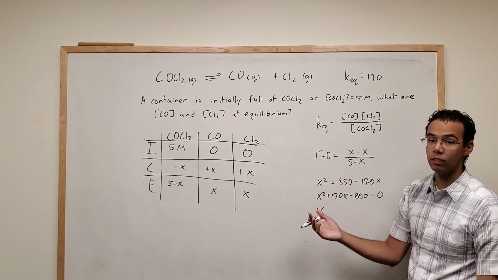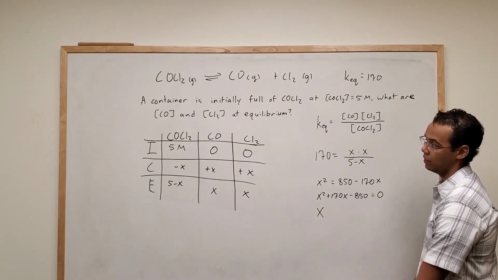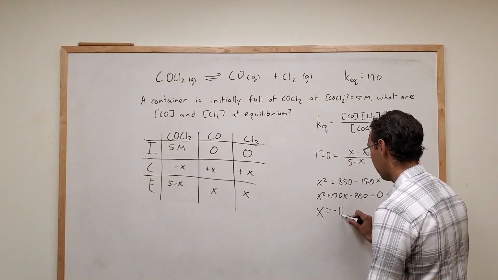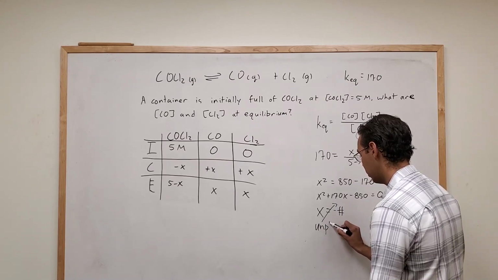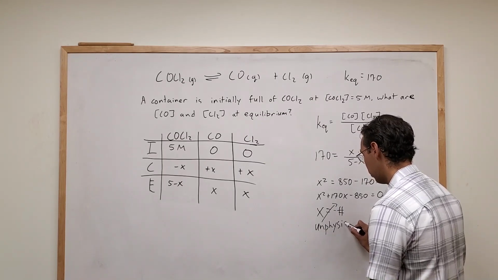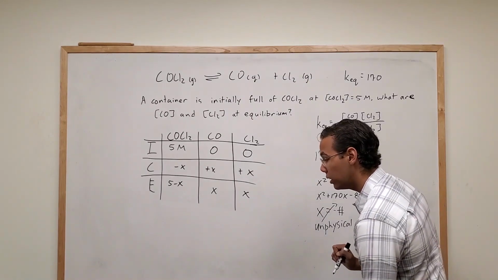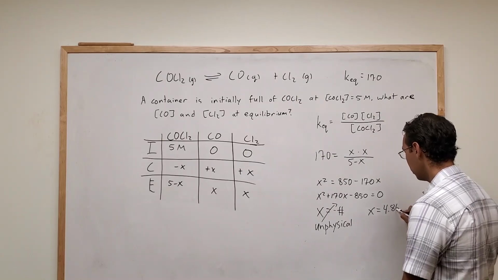That is physically impossible. So even though the math says it should be, it is not. So we're going to ignore the negative number and just say it's unphysical, which leaves us with our positive number, which comes out to be 4.86.